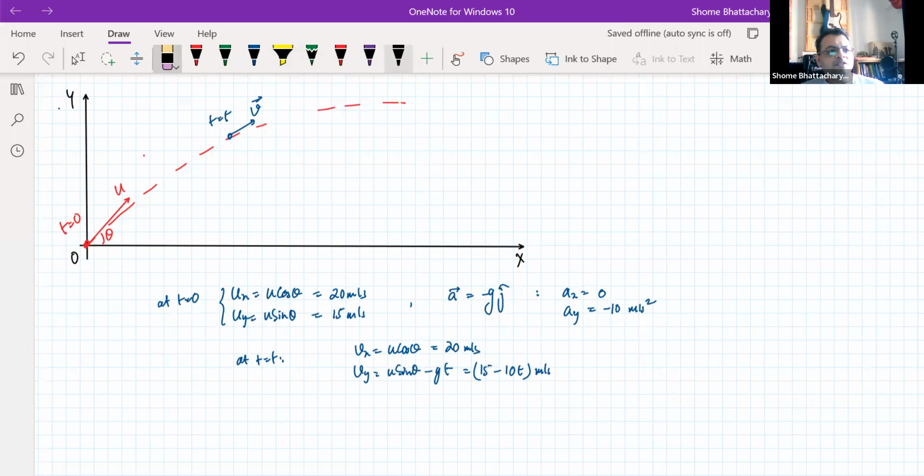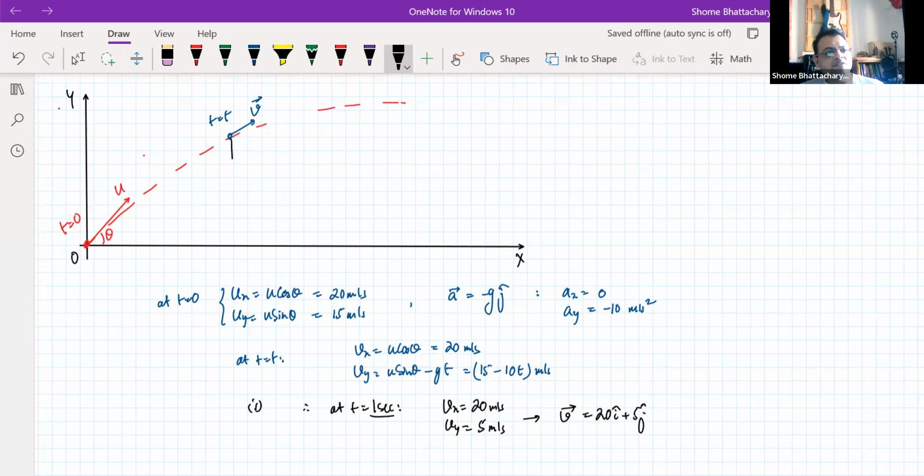So from this equation now we can figure out that at t equal to 1 second, first part that is, okay, Vx is 20, Vy is 5. So the velocity itself is 20 i cap plus 5 j cap.